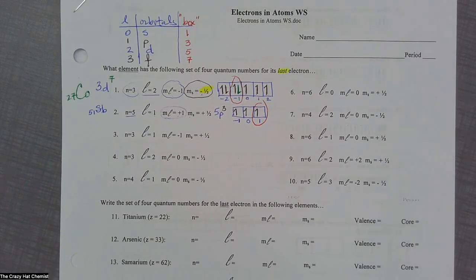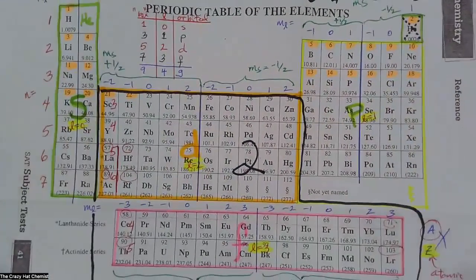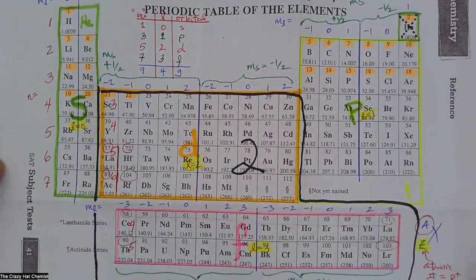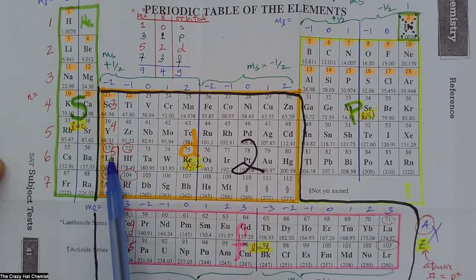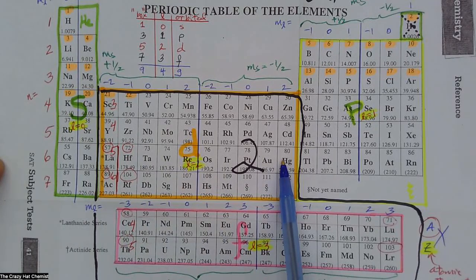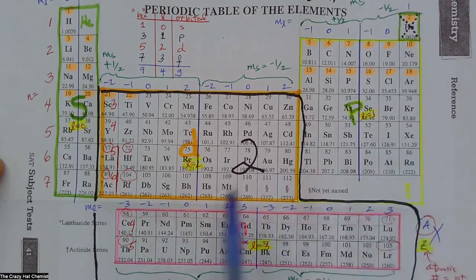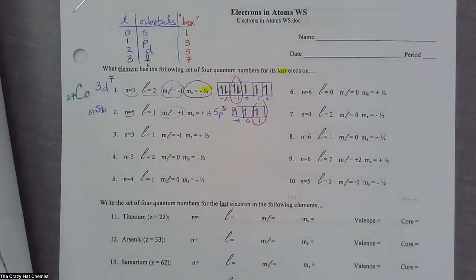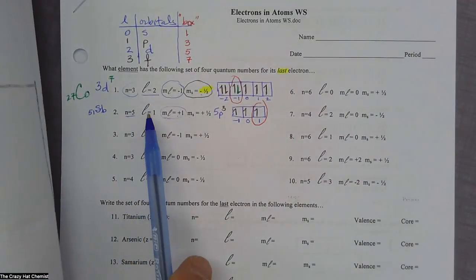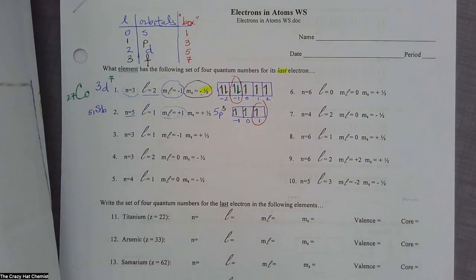I'm going to give this a try by looking at my periodic table. I do find it a little bit easier and faster if I look at my periodic table. So I have an N of 5. So what does that mean here for my periodic table? It could be one of these 2. It could be one of these 10. It could be one of these 6. It could be one of these 14. All right. But when it says L of 1, that tells me it's a p-type.